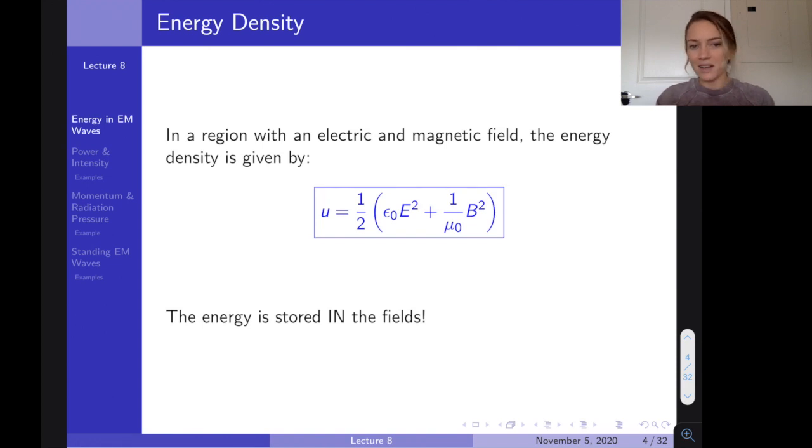That might seem like a cop-out. If we're looking at an EM wave in a vacuum and you ask where the energy is, and I say it's just there in the wave but you can't see it, that might seem a little bit suspicious, and that's a fair thing to think. But in an EM wave, the energy is just stored in the wave, and it doesn't have a definite location.